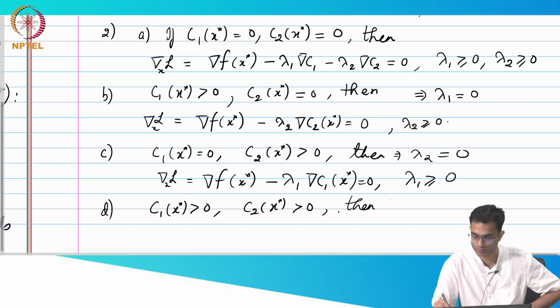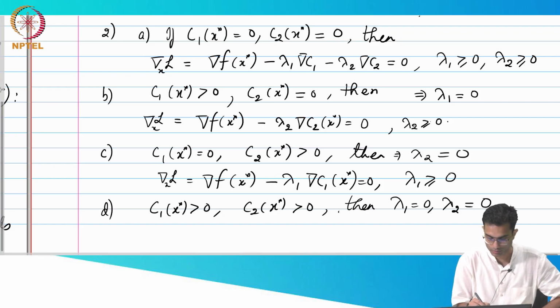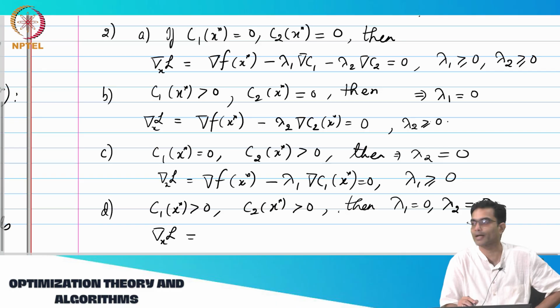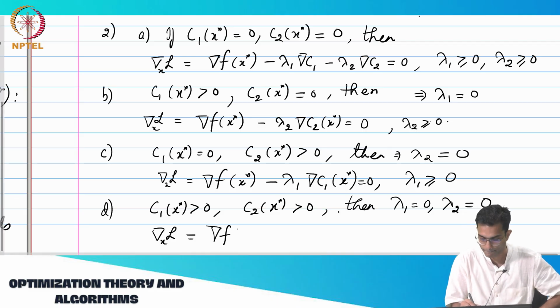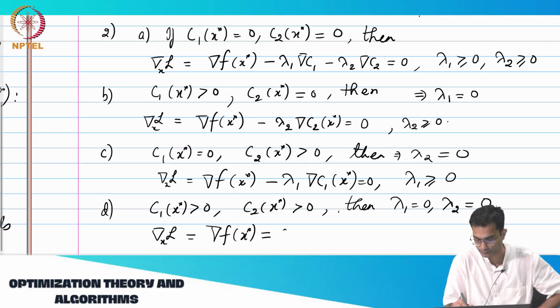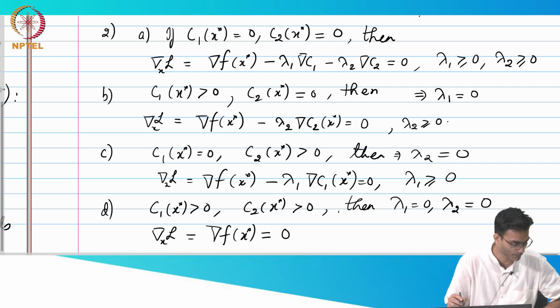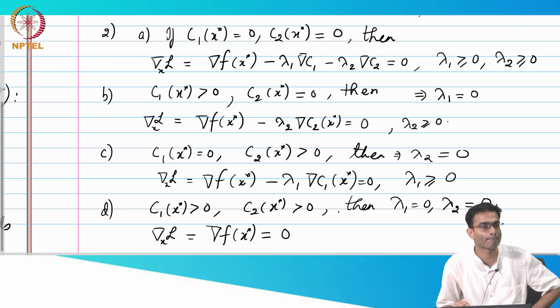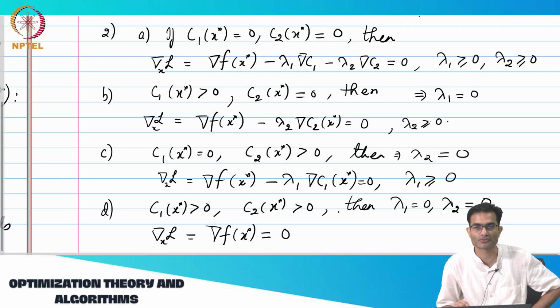Both have to be 0. Lambda 1 equal to 0, lambda 2 equal to 0. Gradient of Lagrangian will simply become grad f(x star) equal to 0. Anything else? No, right? So that's it.